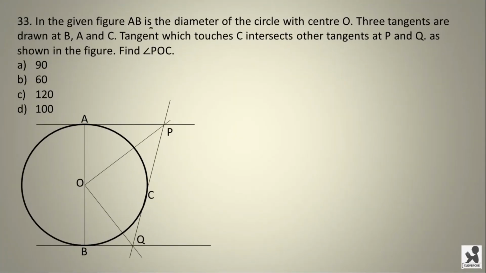In the given figure, AB is the diameter of the circle with center O. This is the center. Three tangents are drawn at B, A and C. Here there is a tangent touching at B, here a tangent touching at A, and there is a tangent here touching at C. The tangent which touches at C intersects the other tangents at P and Q as shown in the figure.